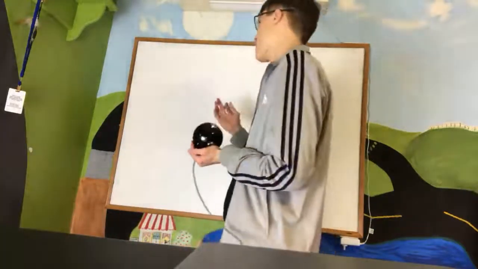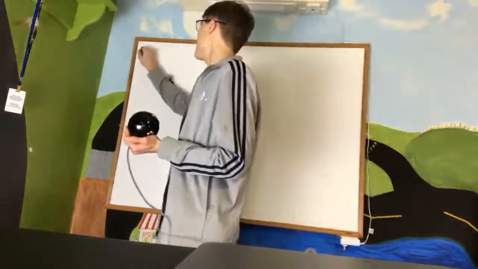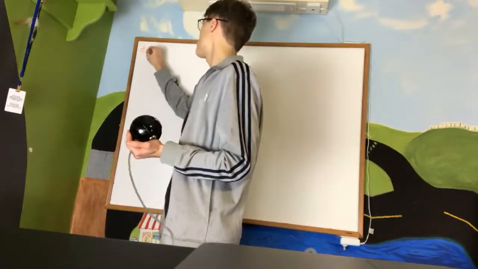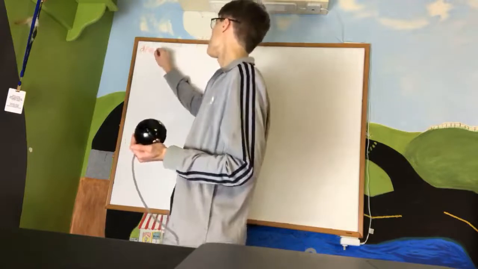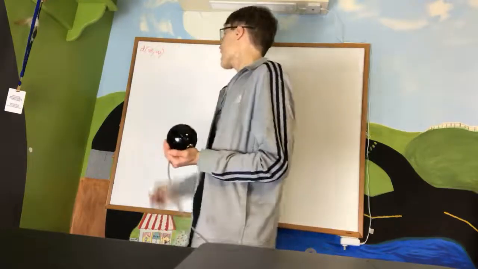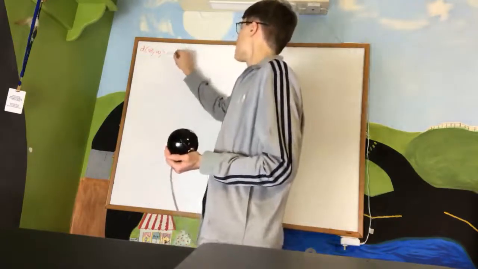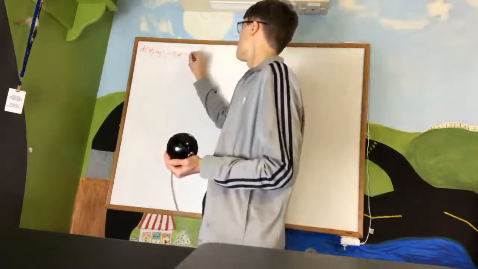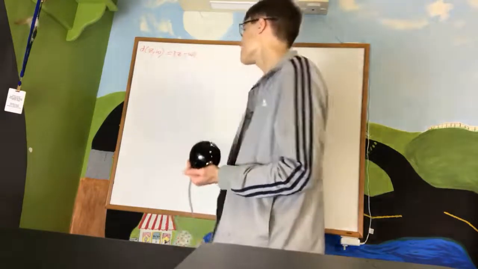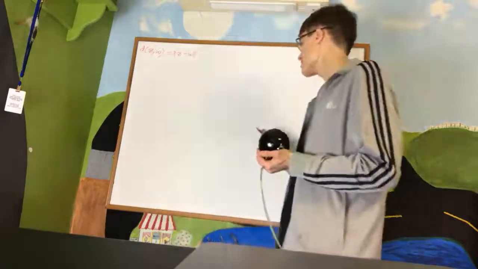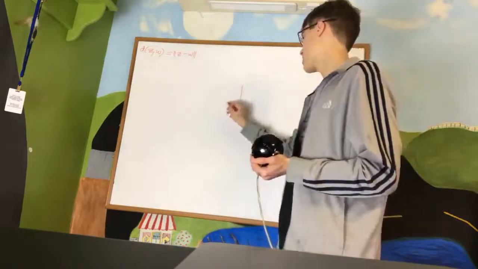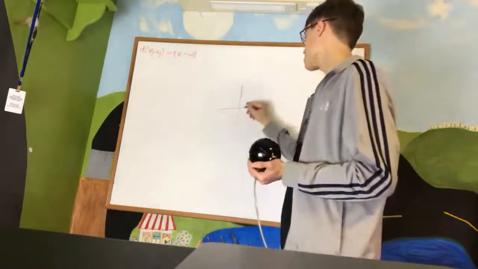Now, using the complex magnitude, I can define a distance function between two points, z and w. And it will be defined to be the magnitude of z minus w. And it's that easy. That's how we define distance. And that makes sense if you remember how complex addition works.